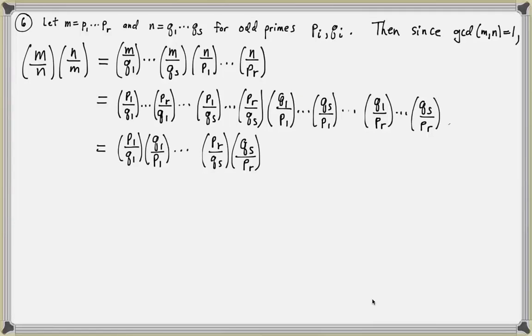And I'm going to use the law of quadratic reciprocity for each pair of these Legendre symbols. So the first pair will equal -1 to the p1 minus 1 over 2 times q1 minus 1 over 2 power. And I'm going to do this up till the last pair, which will be -1 to the power pr minus 1 over 2 times qs minus 1 over 2.